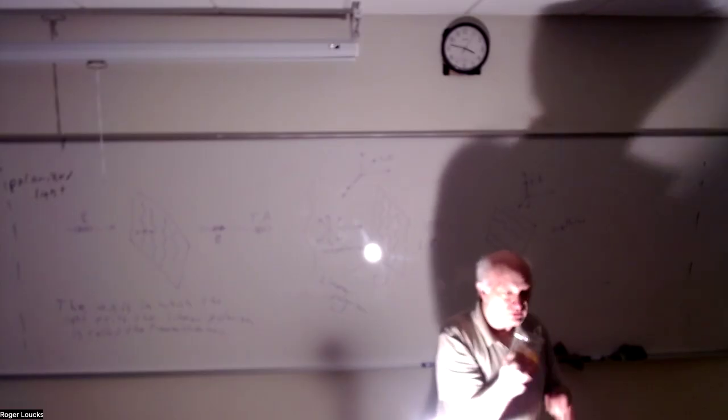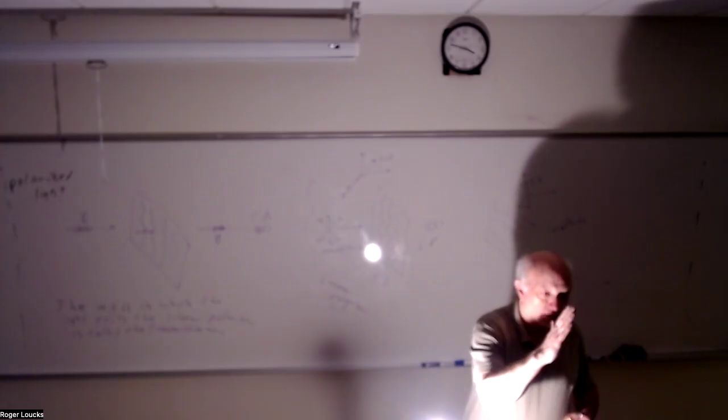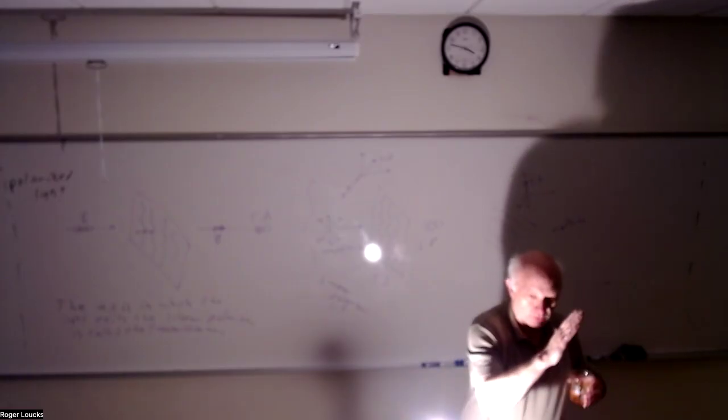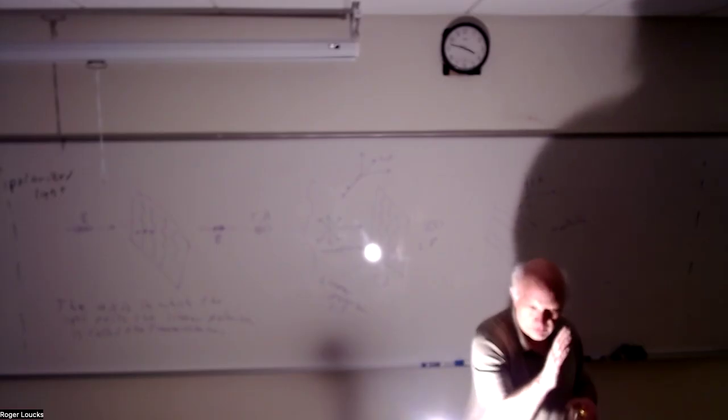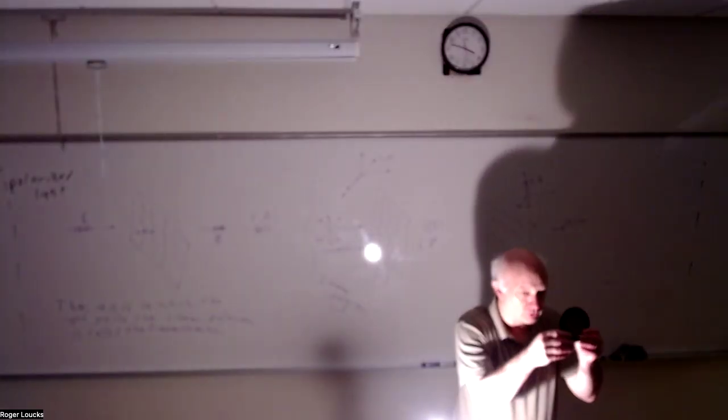What it's going to do is take the electric field and rotate it. But how much it rotates it depends on the wavelength of light. Red light coming through is going to be rotated at a certain angle. Green light will be rotated at a different angle. Blue light, all the different colors will come through at different angles. When you take your other linear polarizer here and you rotate it through, what are you doing?